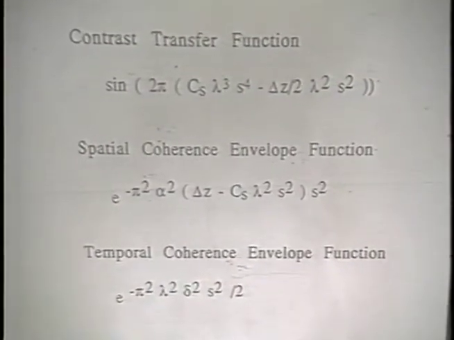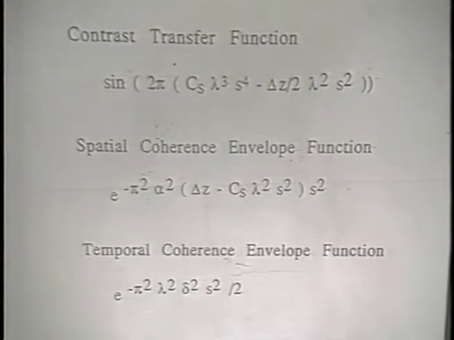The equation that describes the contrast as a function of resolution is this top equation here, the contrast transfer function. This is probably familiar to some of you. It's the sine of the wave aberration function, or basically the sine of this total phase shift here, the sum of the defocus and spherical aberration phase shifts, as a function of this coordinate s.